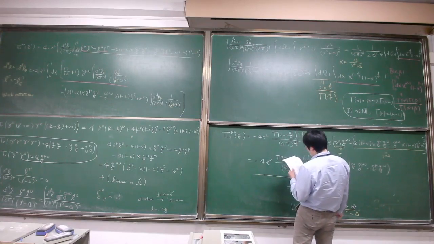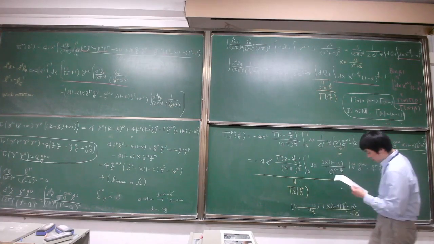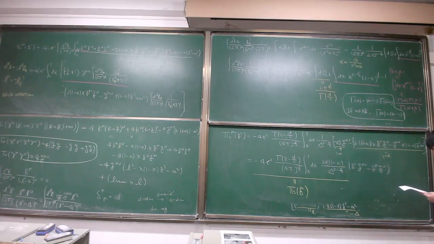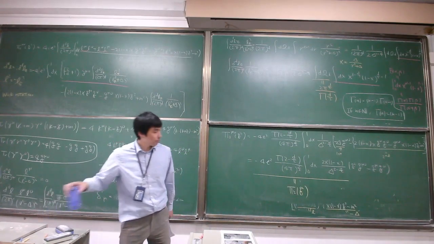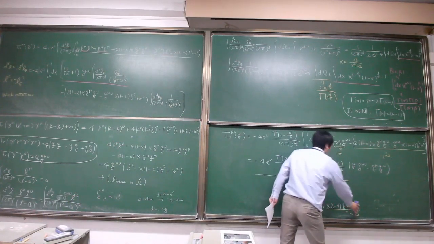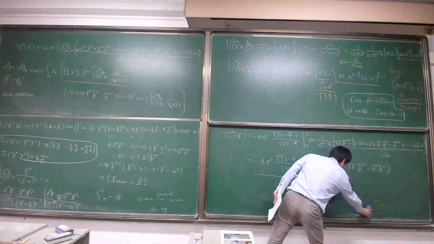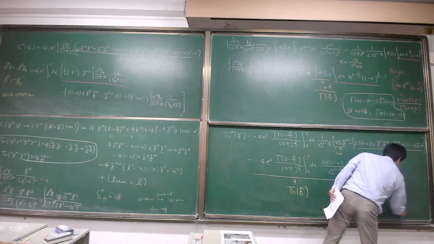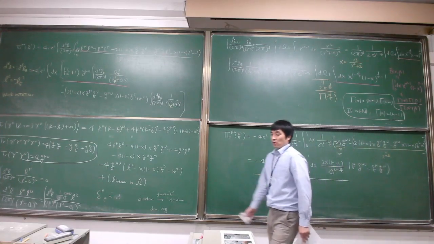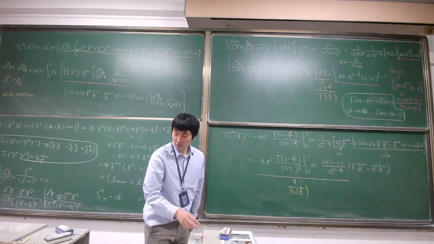Yes, I think this is pi 2 cubed. And then now we notice that this term will give you the divergence first.